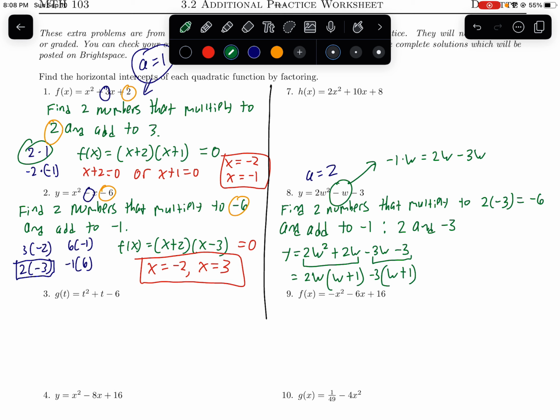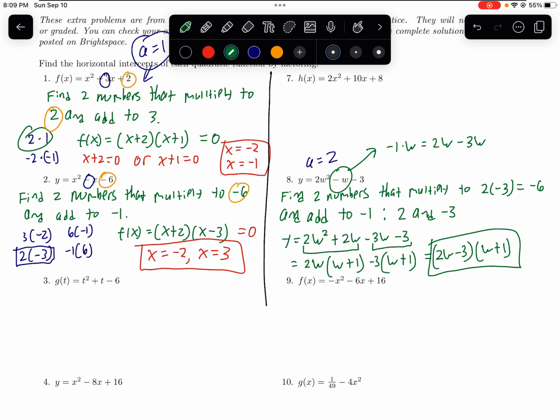Now what we have is 2w times w plus 1, minus 3 times w plus 1. So you can factor out this whole w plus 1 term that would appear in both. And then what you have left is multiples in front. So then the 2w and the minus 3 would go here because you're multiplying that by the whole term of w plus 1. And so this is your factored form.